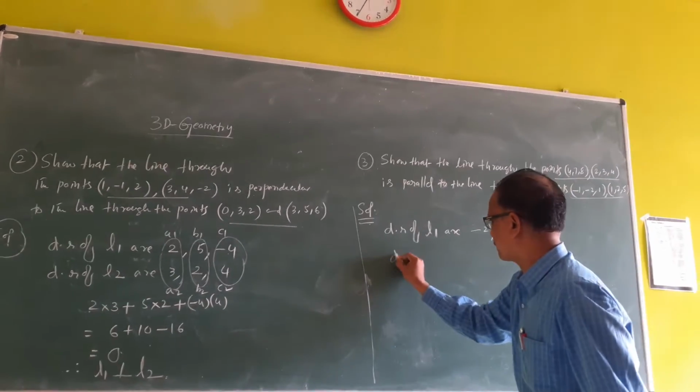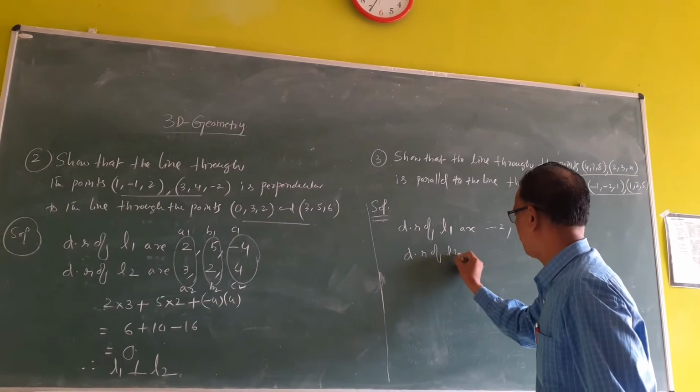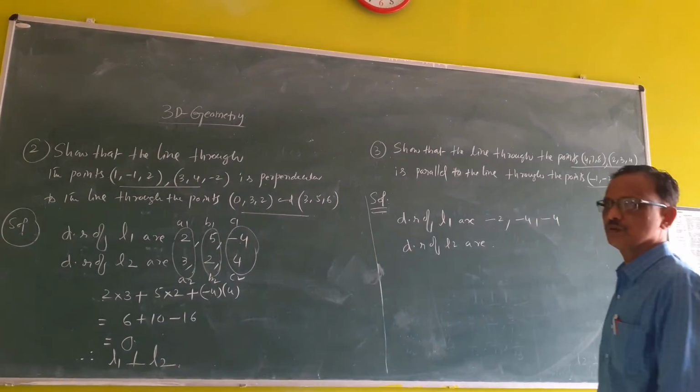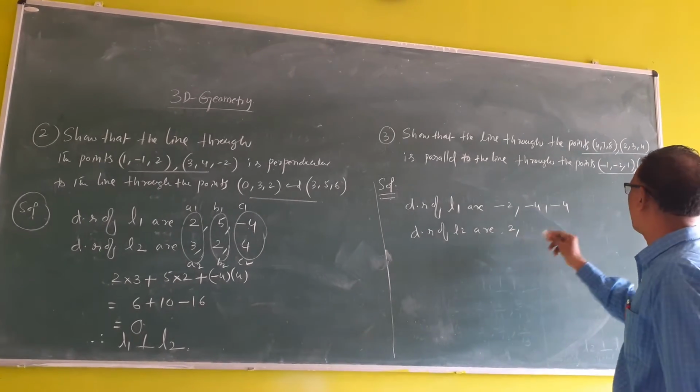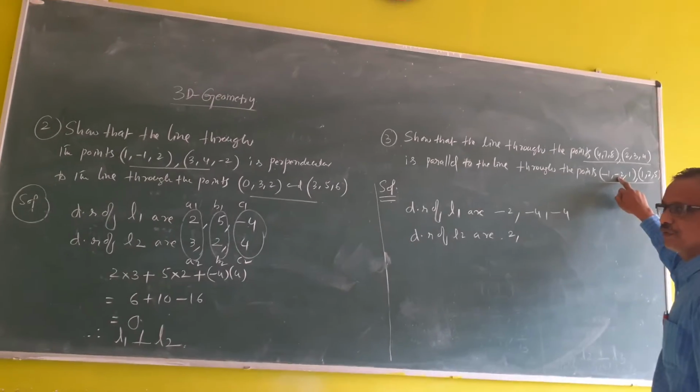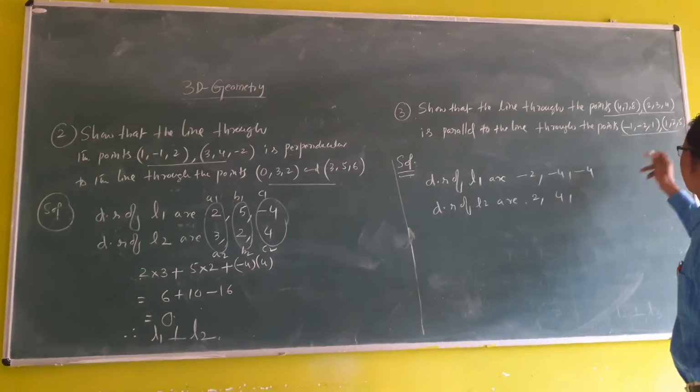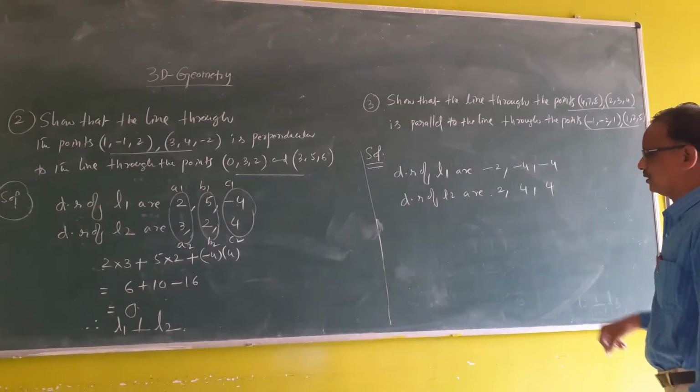Next, direction ratios of line 2: 1 minus (-2) is 2, 2 minus (-4) is 4, and 5 minus 1 is 4.